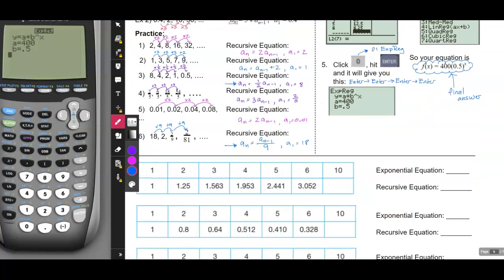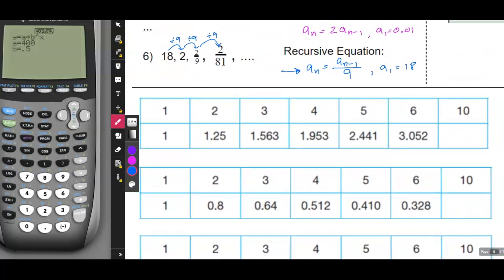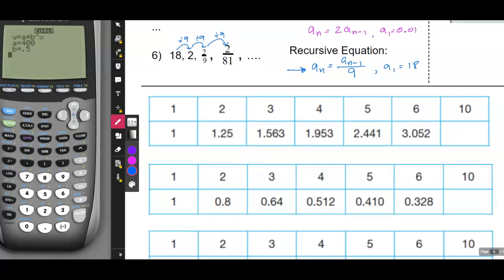So let's try it. We're going to hit what first to calculate the exponential equation here? What do we hit first? Stat, Edit.